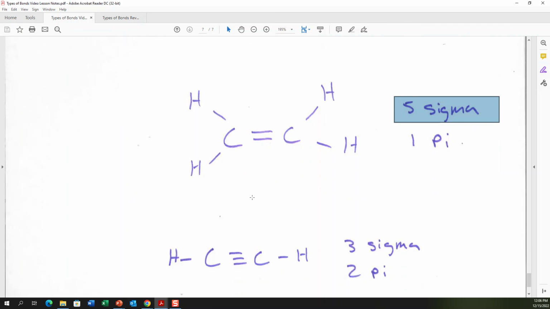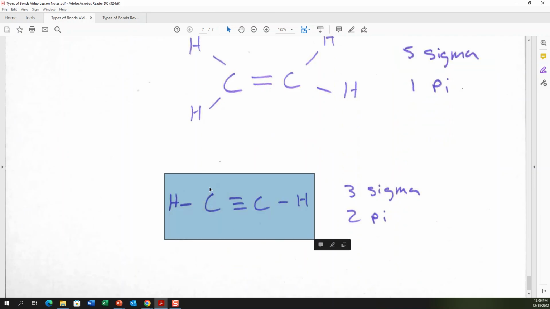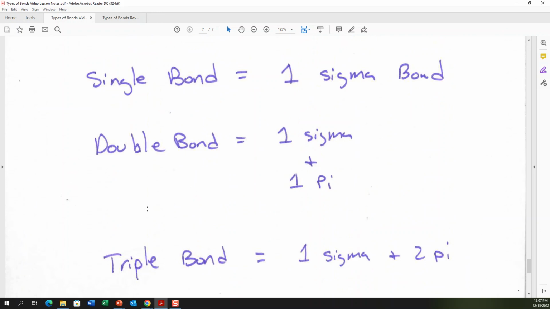Okay? And then in this structure, if we wanted to count how many sigma and pi's we have, 1, 2, 3 bonds, so that's 3 sigmas. And then a triple bond contains 2 pi's, so we also have 2 pi's. Right? And so when it comes to identifying sigma and pi bonds, that's basically all you need to be able to do. All right? So knowing this right here, that's what you need.